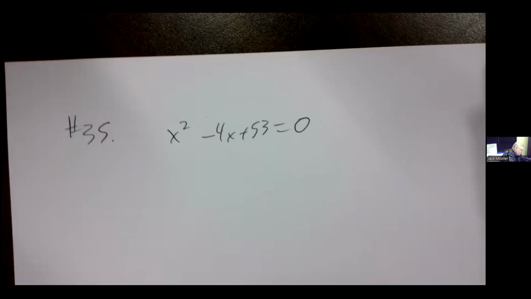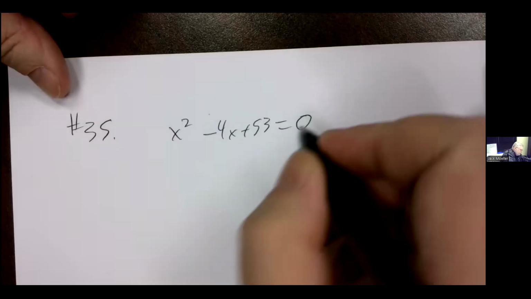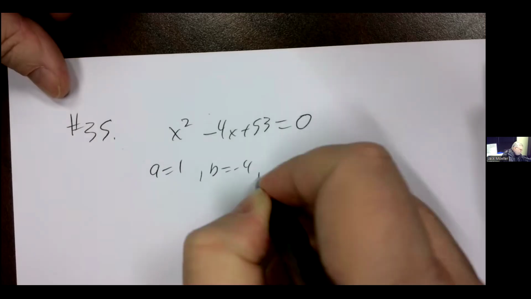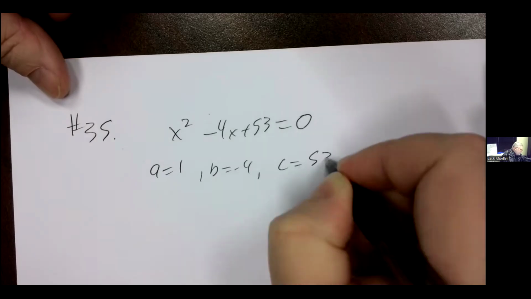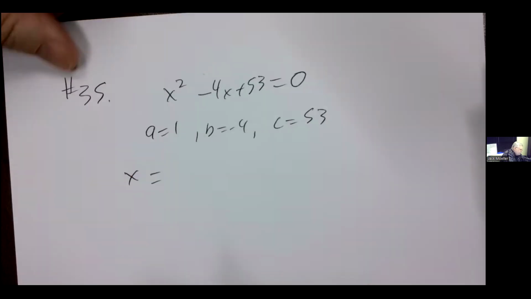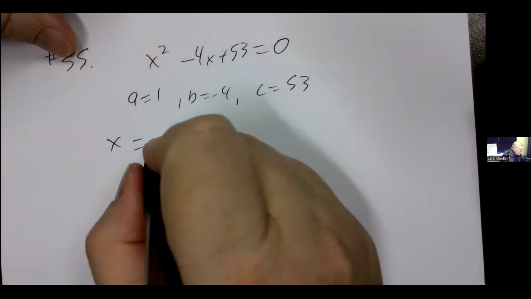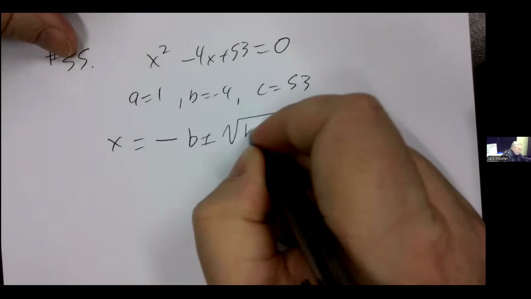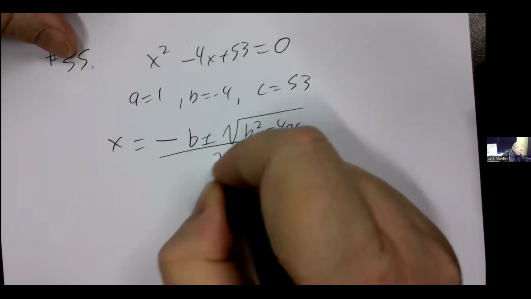Since it's equal to 0, a is 1, b is negative 4, c is 53. If you followed my advice and data dumped the quadratic formula on your paper before starting the problem, now I just plug everything in.